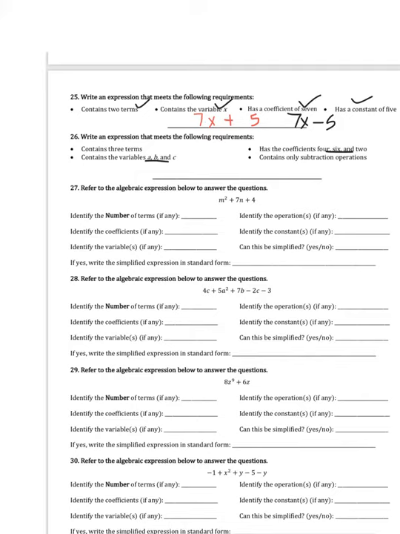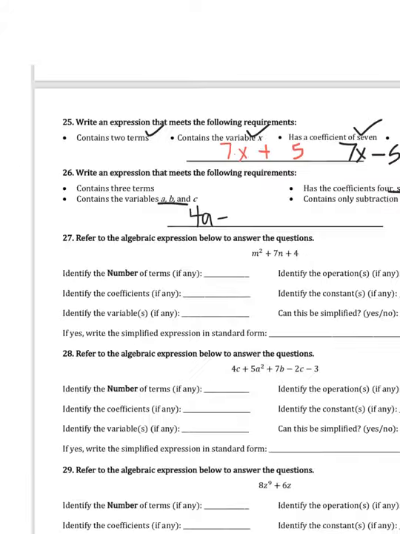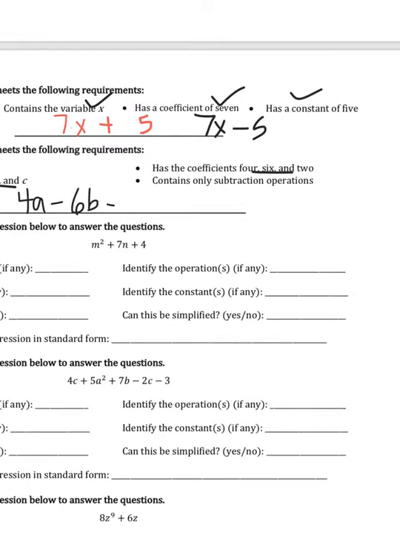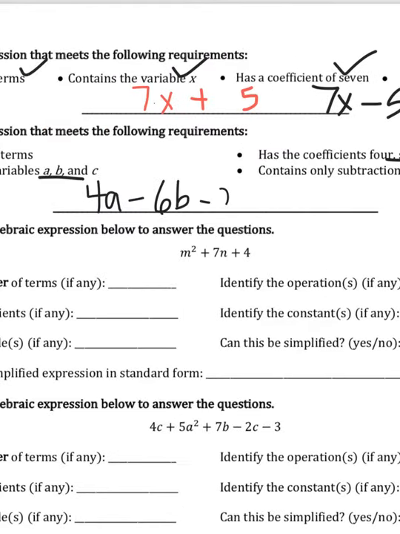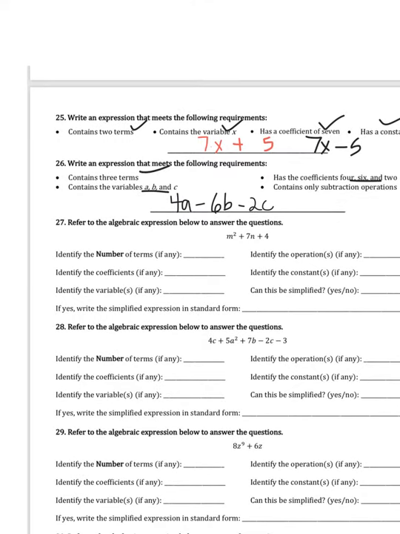Okay, so let me write this neater. Ready? 4a minus 6b minus 2c. That's it. That has three terms, three variables, 4, 6, and 2, and contains only subtraction.